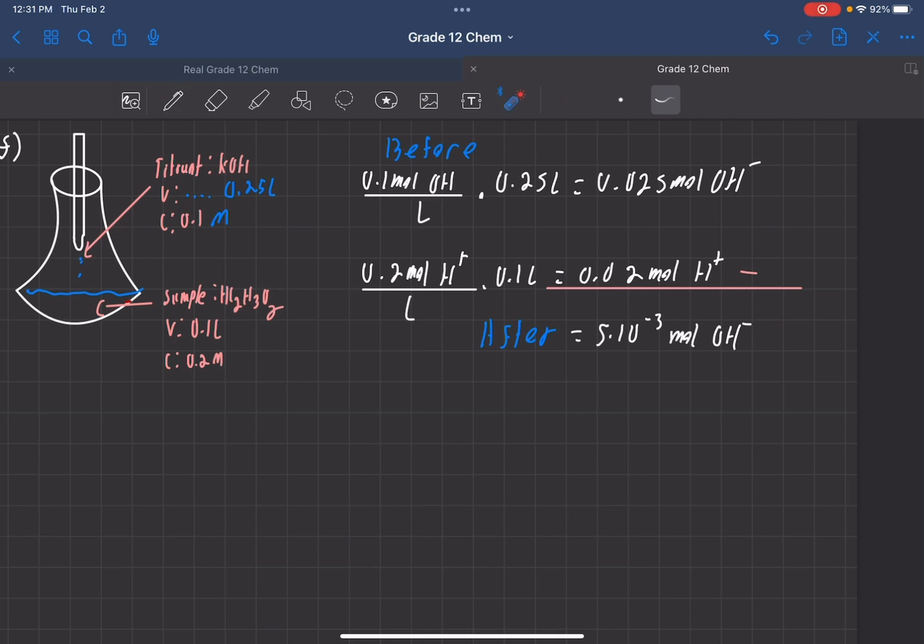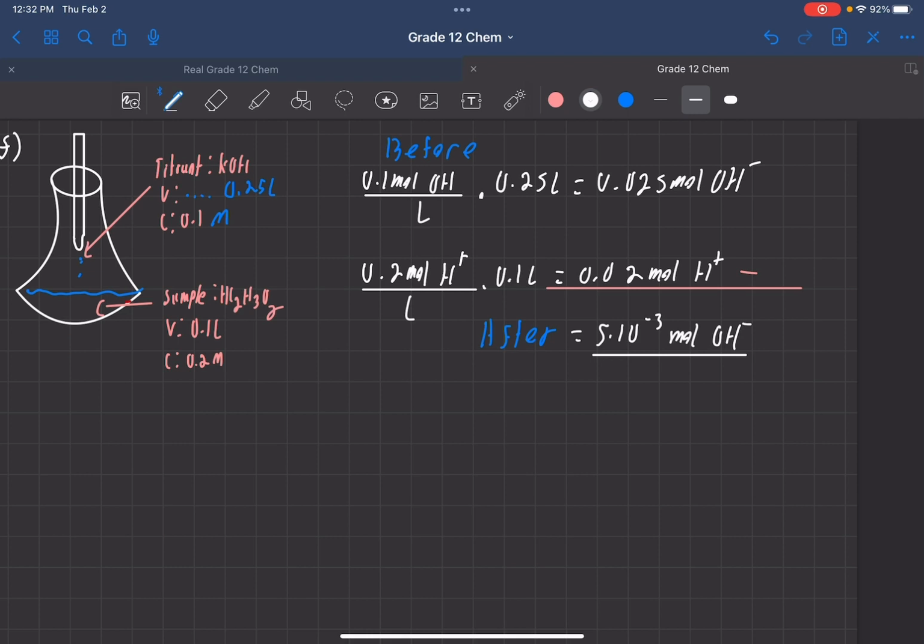So all 0.02 moles of this hydronium, or the acid, due to Le Chatelier's principle, reacts with 0.02 moles of hydroxide. And what is left over is 5 times 10 to the negative 3 moles of this hydroxide, and that is over the total volume.